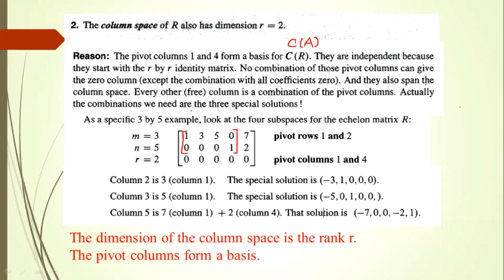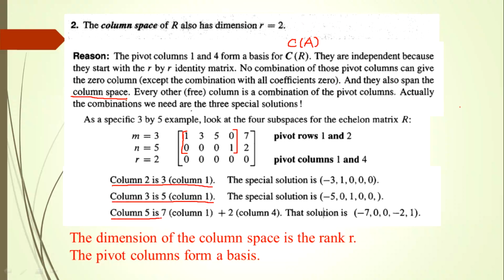And they also span the column space, which means any vector from the column space can be expressed by a linear combination of those two pivot columns. And it's obvious that column 2 and column 3 are free columns. Column 2 is 3 times column 1. Column 3 is 5 times column 1.